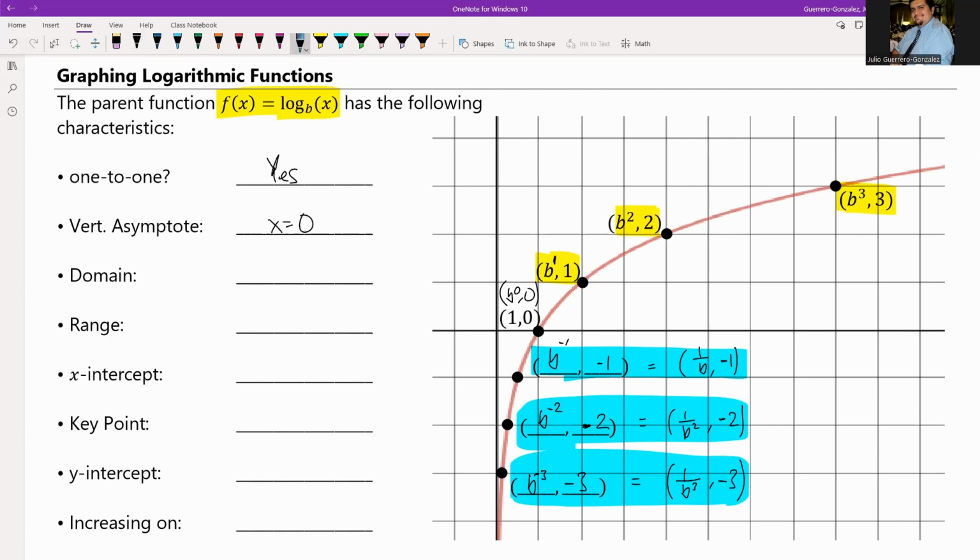It's going to be right there. Domain, always going to be 0 to infinity. My range is going to be -infinity to infinity. That's all the y values. There's going to be an x-intercept in this case. It's going to be (1, 0). The key points are on the graph.